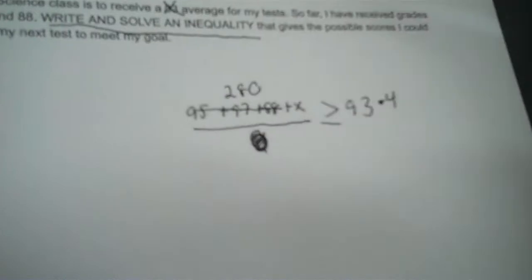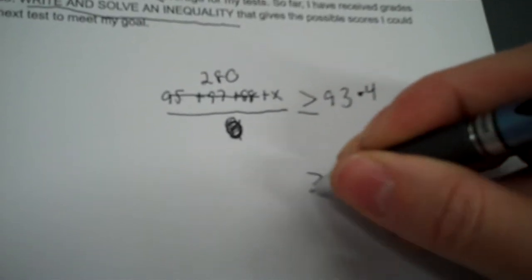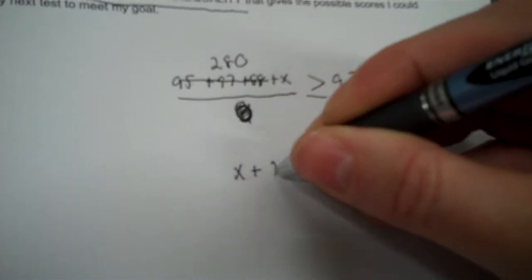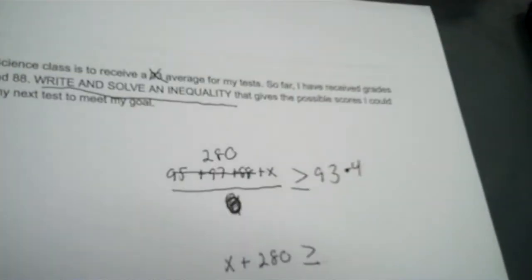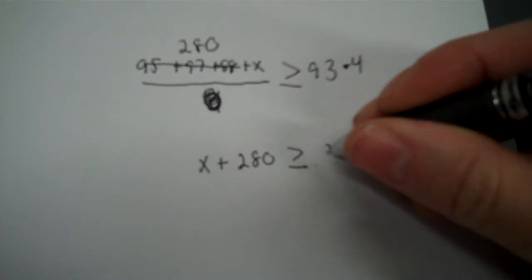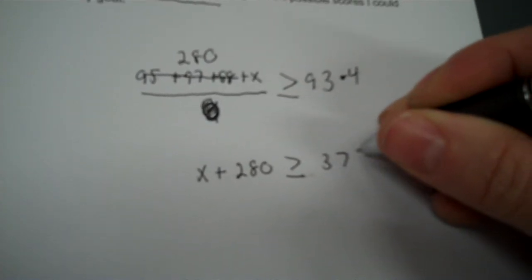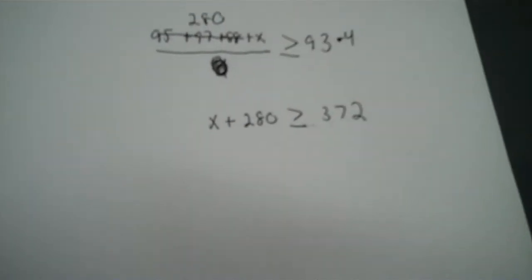I got 280. So I line up my inequality, and over here I write x plus 280. You can also write 280 plus x, it doesn't matter. And over here we need to take 93 times 4. That's how many total points I would have to accumulate to get a 93 average. Okay, then just solve it.